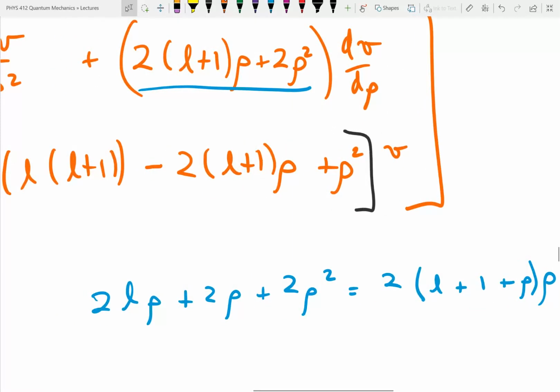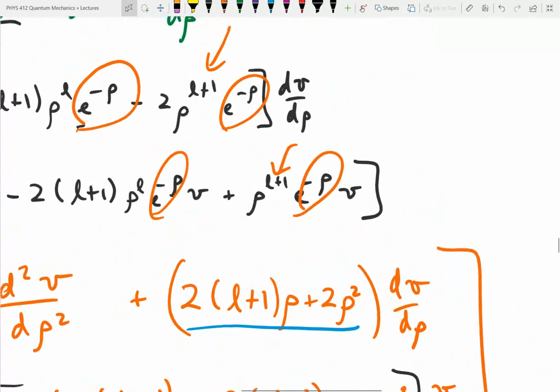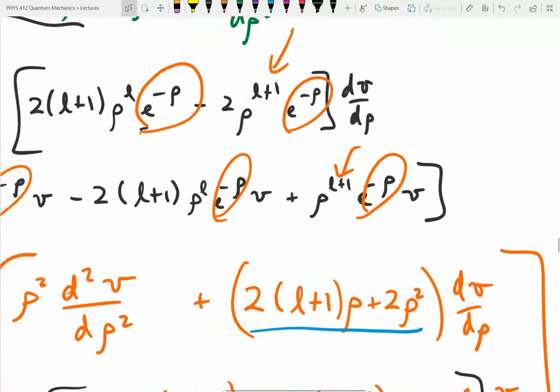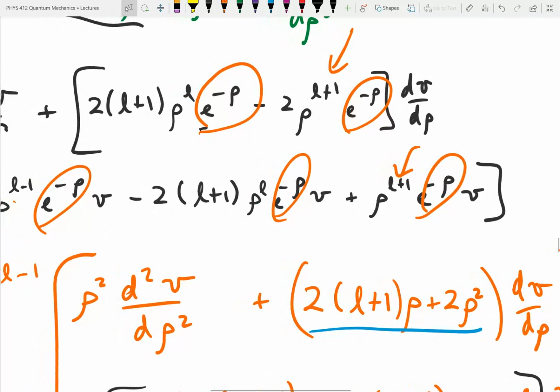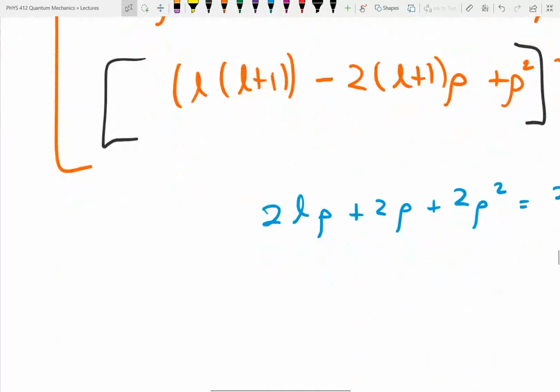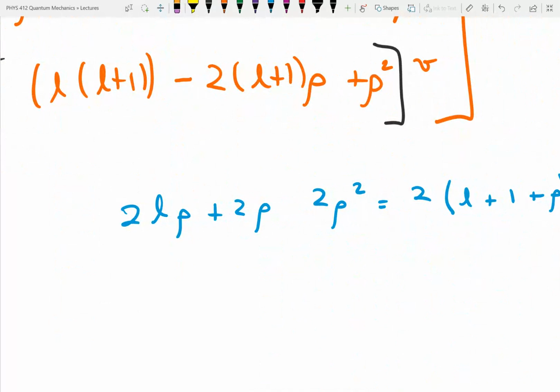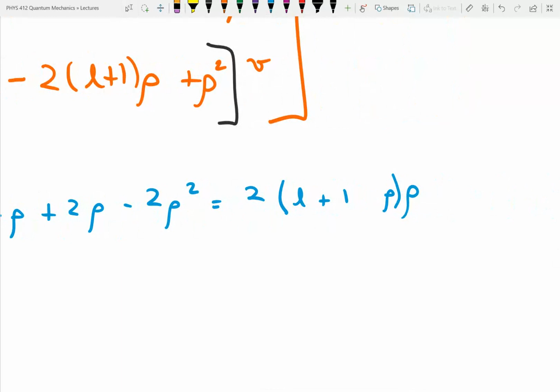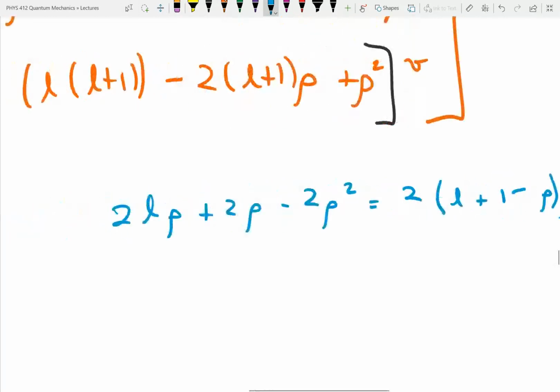Minus rho. Apparently I have a sign wrong. Yep, that sign right there. It's correct there. So that's that one.